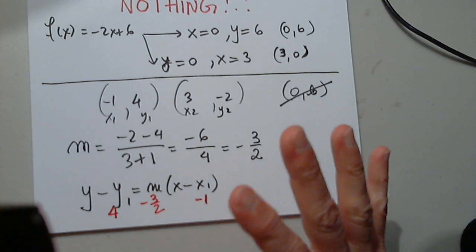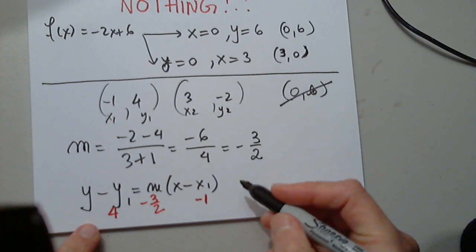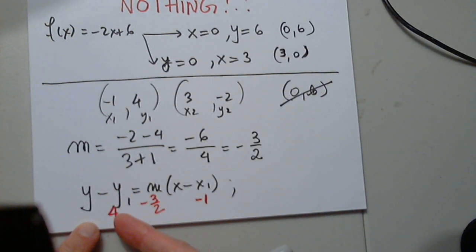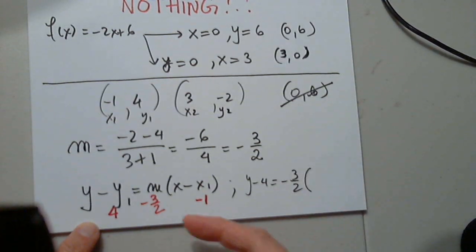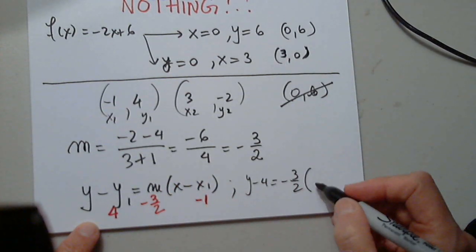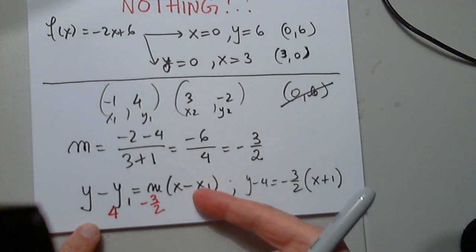Why? Because I don't really like nested parentheses. I'm not going to write x minus -1 because it's very easy to make an error later. So I'm going to directly write y minus 4 equals -3/2, x minus minus 1 will be x plus 1 because there are two negatives in here.